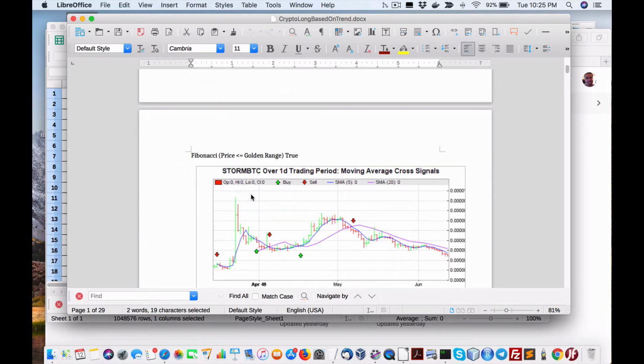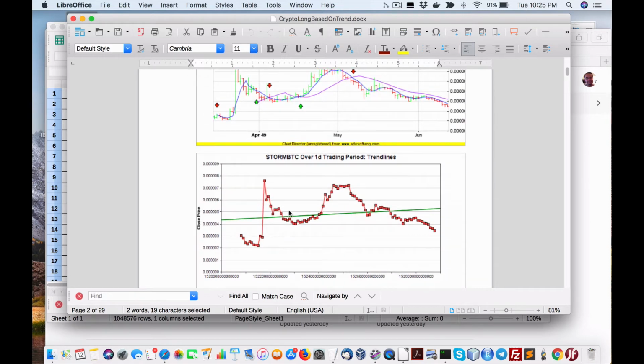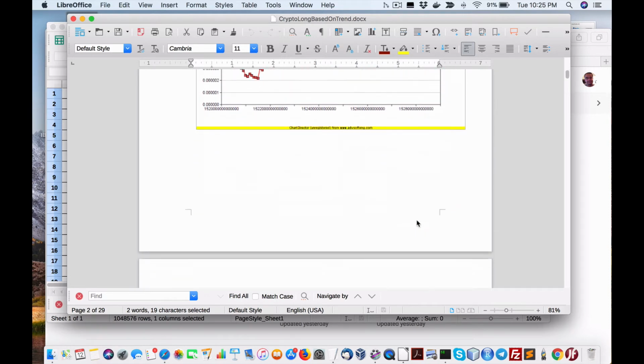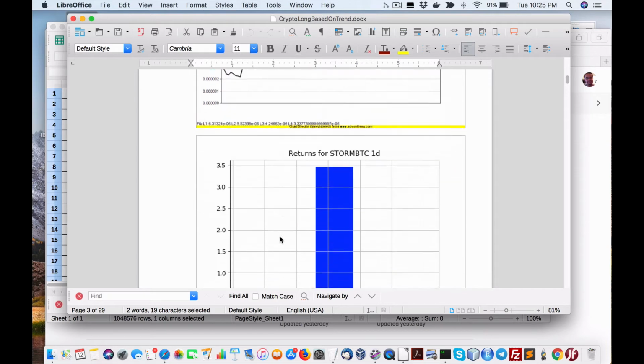For this one, Storm BTC, you can still see no signals, but there was a sell signal here. Overall we still have a trend up, and we still use the Fibonacci levels to make sure we're within the gold zone of 0.382 and 0.618.